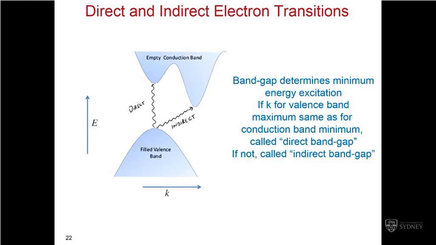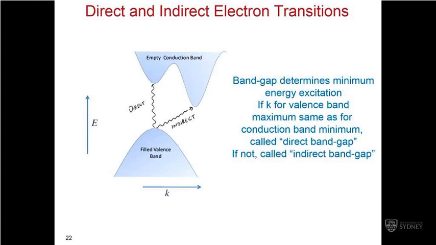It can also happen that you get a transition from here at the gamma point in the middle over to some other part in your reciprocal space, over to this part here, which is called an indirect transition. And this would be called an indirect semiconductor.